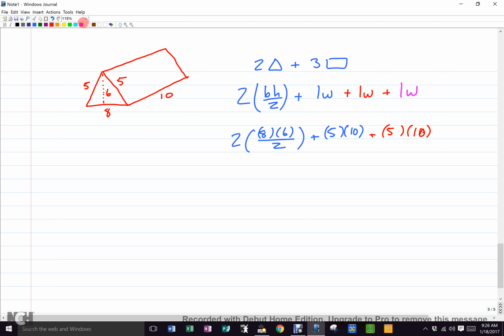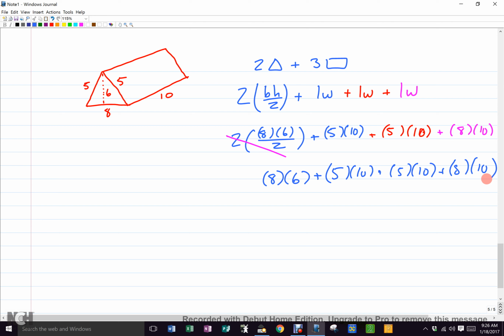And what's the third rectangle? I think it's 5 and no, it's 8 and 10, correct? What happens to these 2 2's? Because it's division, so they're gone. So what do I have here? 8 times 6 plus 5 times 10 plus 5 times 10 plus 8 times 10.